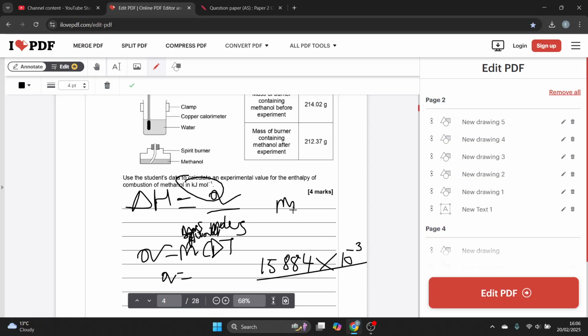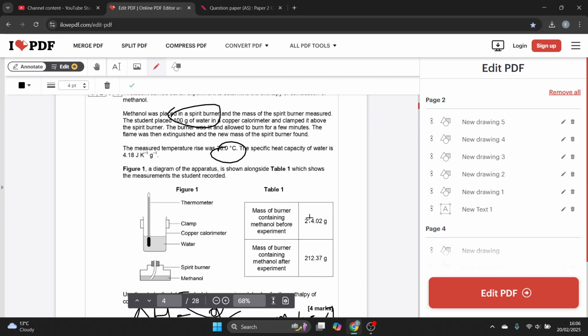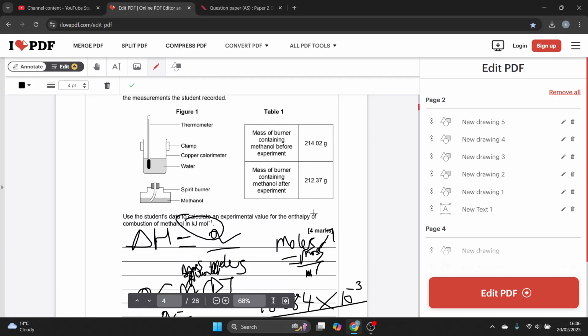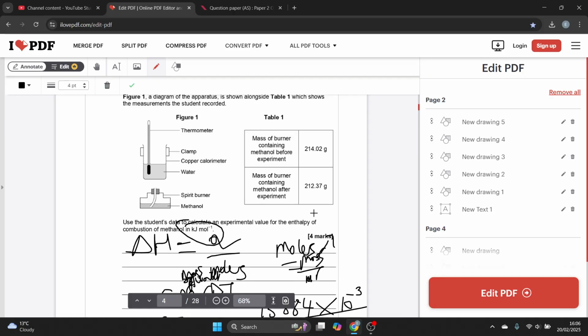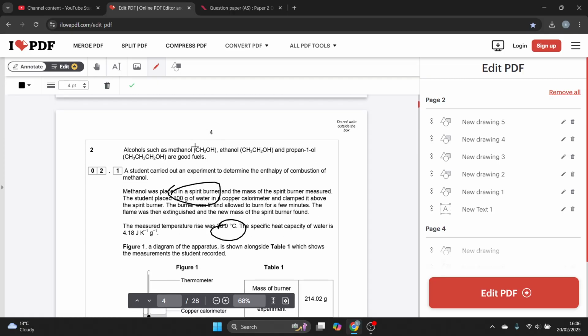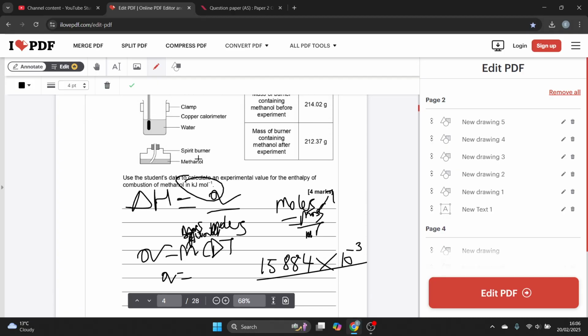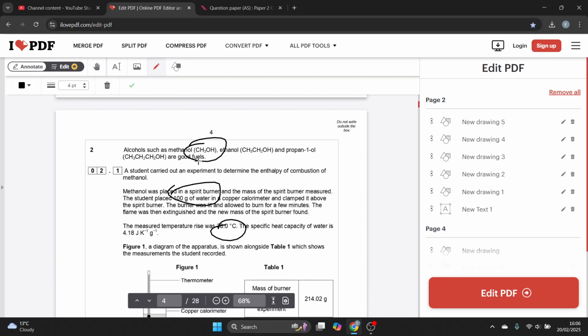Well, moles equals mass over Mr, where mass in this case is the mass of methanol, so it's going to be 214.02 minus 212.37. Then I'm going to do that over the Mr of methanol, which is 12 plus 3 plus 16 plus 1.